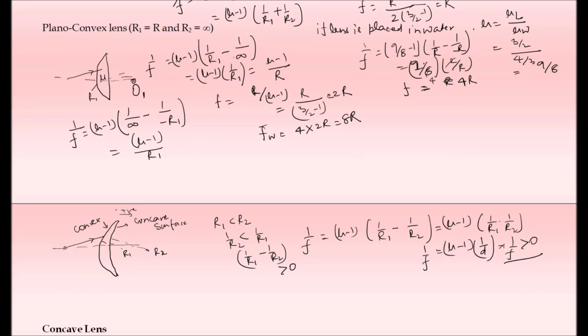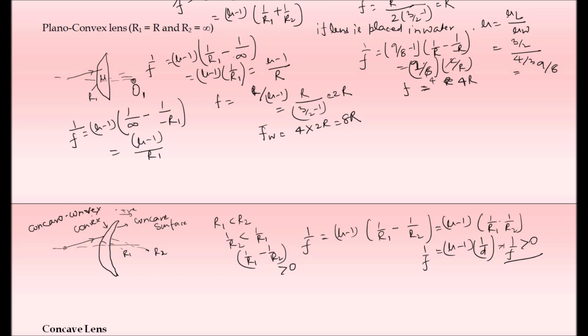We call it a positive meniscus lens. So the concavo-convex lens is a positive meniscus lens due to its positive focal length, and because of this it has an ability to converge the light ray.